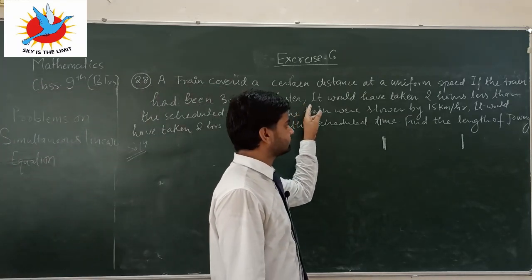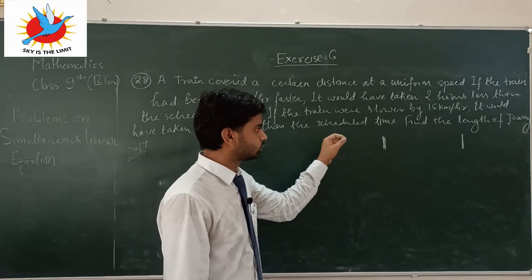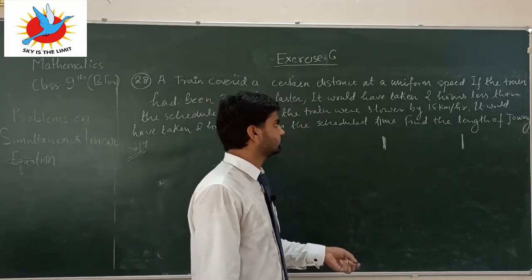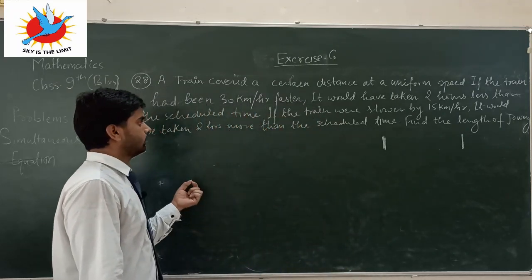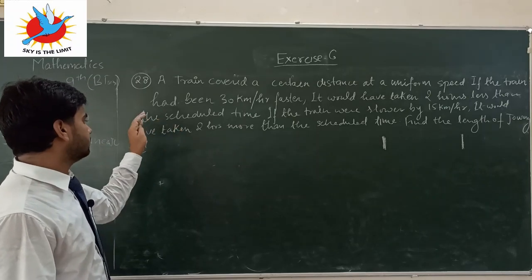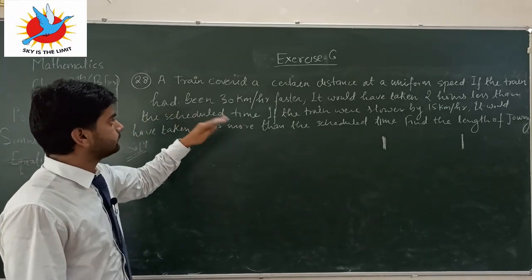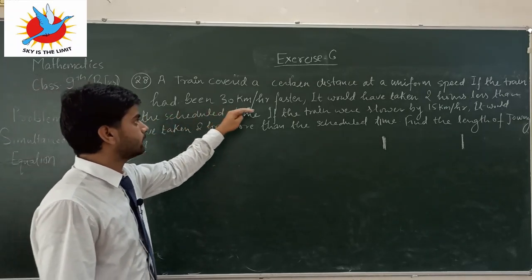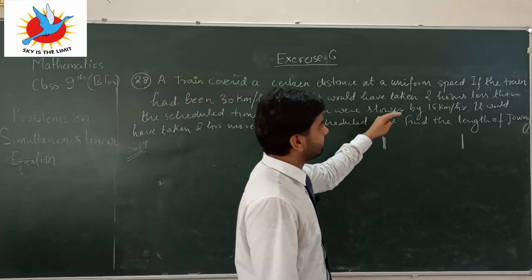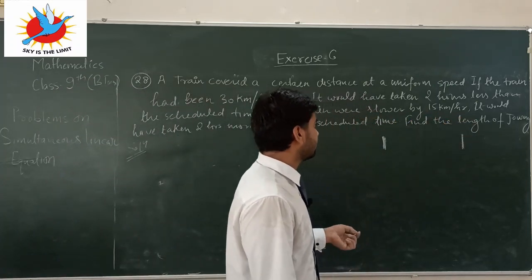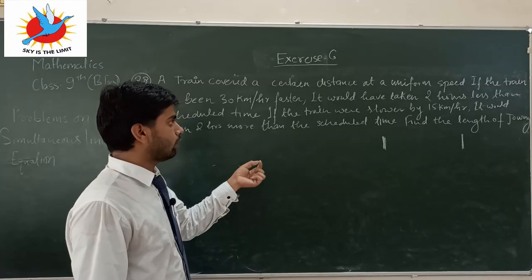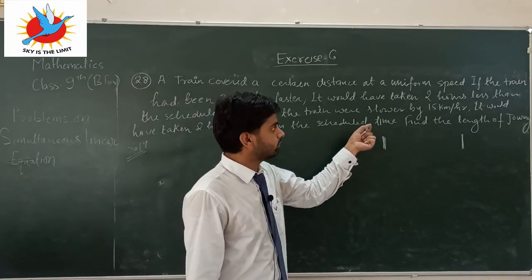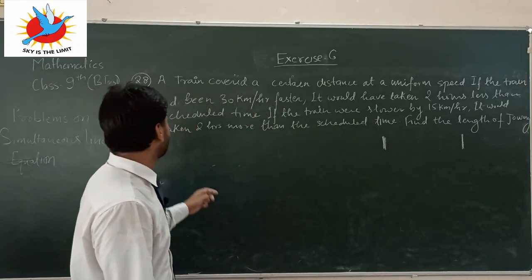If the train had been 30 km per hour faster, it would have taken 2 hours less. It means the actual speed of the train is not changing, but it is being said that if the speed of the train were 30 km per hour faster, the time taken would have been 2 hours less.